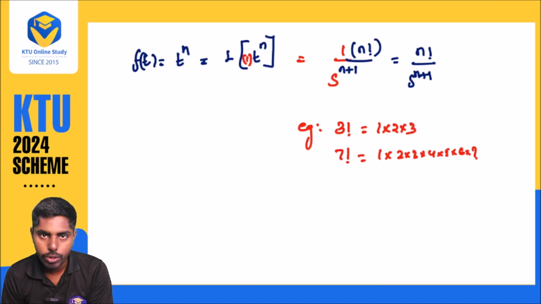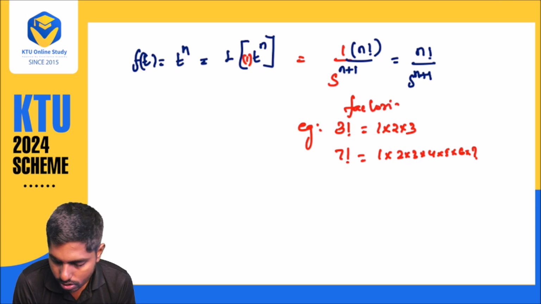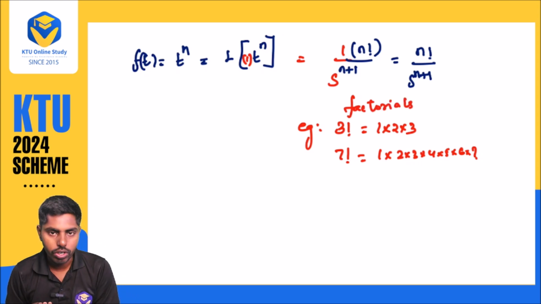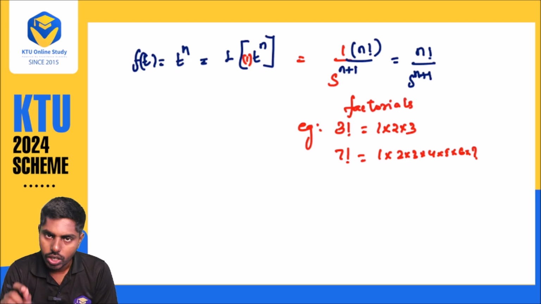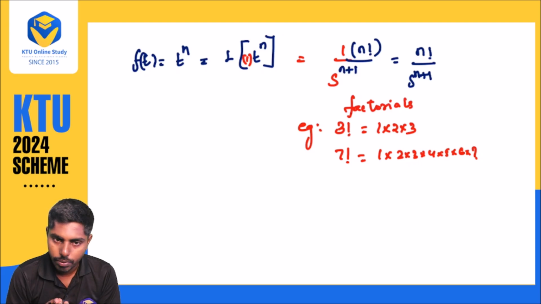Up to that number you write it in multiplication form. This is called factorial. So n factorial means 1 into 2 into 3 into 4 up to n. This is the way you write t power n.